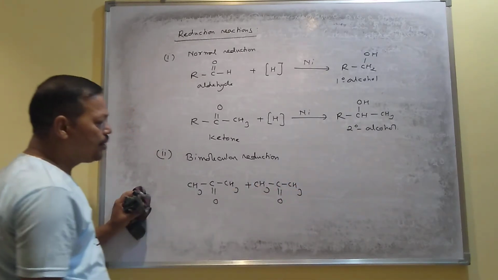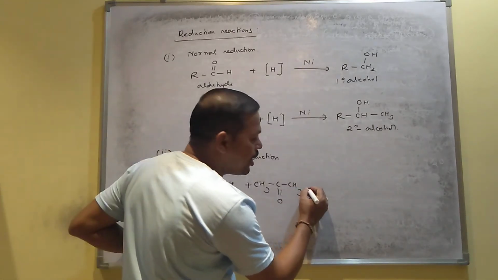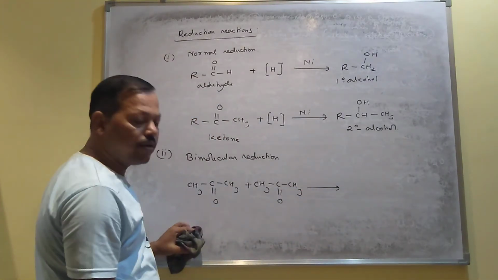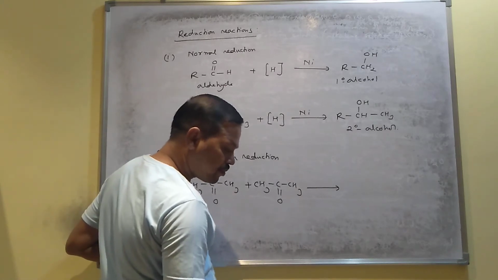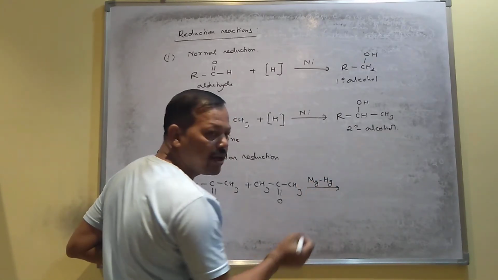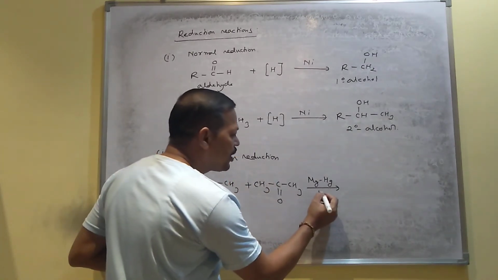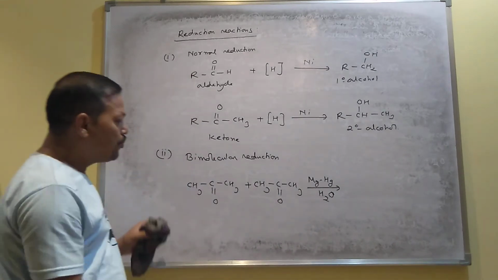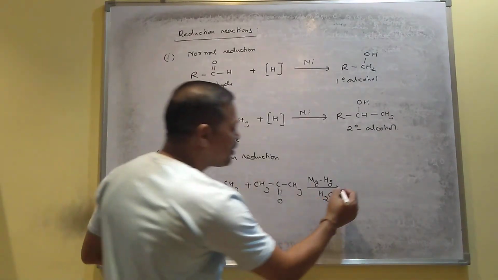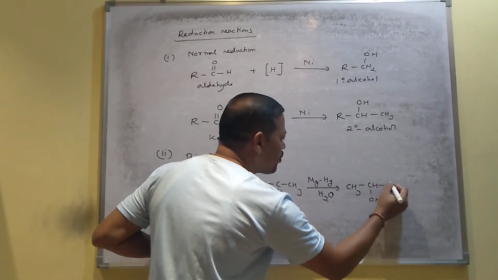When you take two molecules, that's why it is called bimolecular reduction. And here you have to use a special reagent, magnesium amalgam. Amalgam means a metal combined with mercury, in the presence of water. Then both compounds will combine and you will get this type of compound.